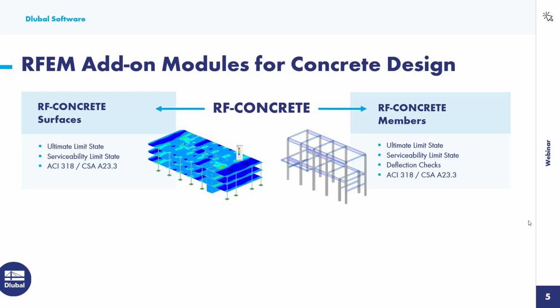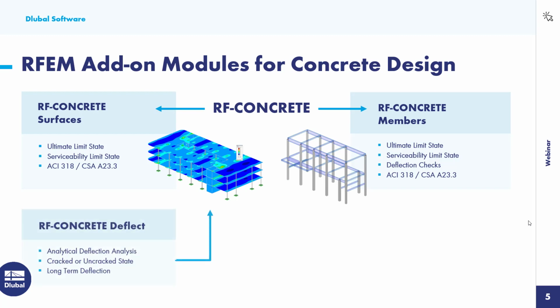So in addition to these two main add-on modules, we have a couple of add-on module extensions. The first is RF-CONCRETE Deflect. You have to have RF-CONCRETE Surfaces in order to run this add-on module extension. This will perform an analytical deflection analysis for our surfaces in either the cracked or uncracked state. We also can consider long-term deflection.